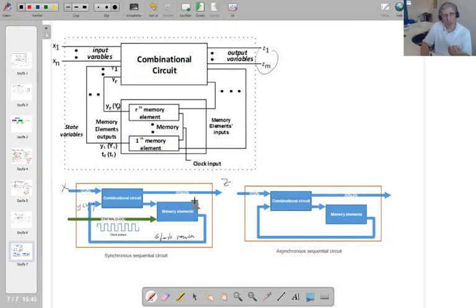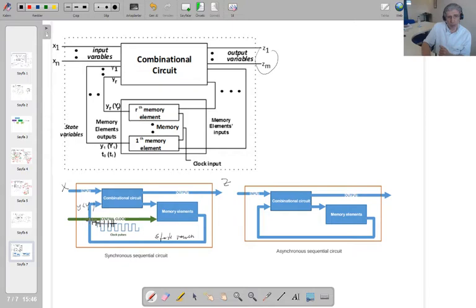Here it might be a bit easier to see. There is a feedback here, and you see the combinational circuit output has two groups. One of them goes to the output of the sequential circuit. The other combination circuit's output becomes the memory element's inputs. The memory element output is a present state or next state representation of the state variables.